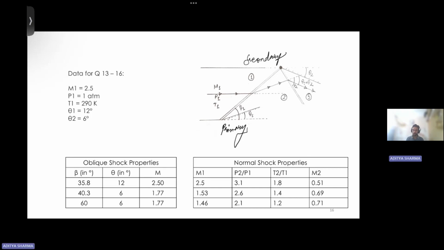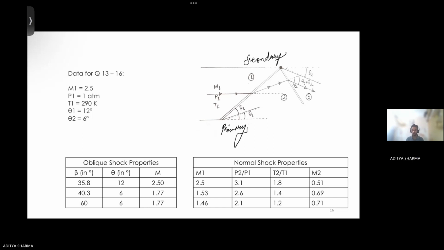So in that case, some information has been given to us, right? So upstream Mach is given as 2.5, right? And upstream static pressure has been given as 1 atmosphere, right? And T1 has been given as 290 Kelvin, right? And theta 1 has been given as 12 degrees, and theta 2 has been given as 6 degrees.